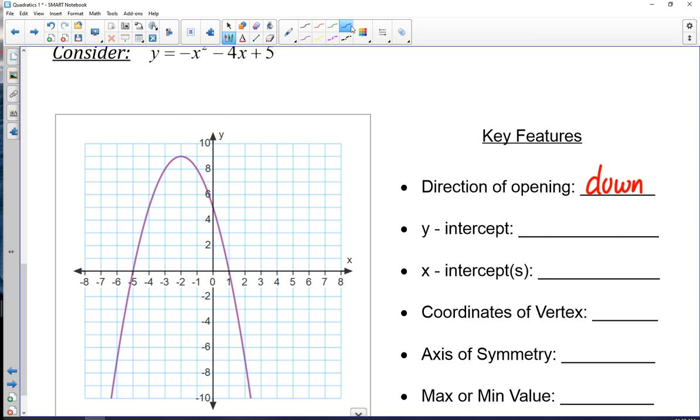The y-intercept is positive 5. It has two x-intercepts, one at negative 5 and one at positive 1. The vertex, right up here, has coordinates negative 2 and positive 9.